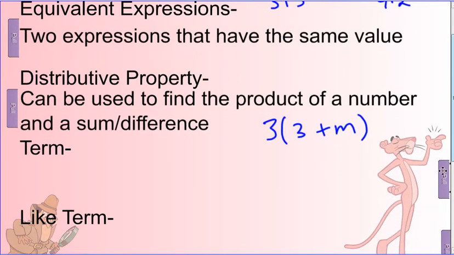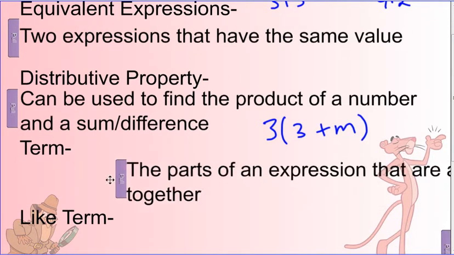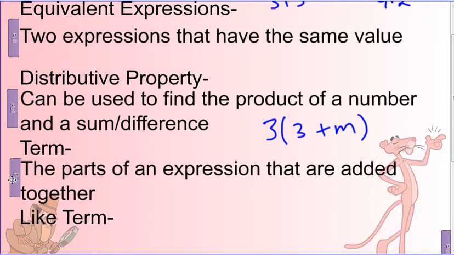Okay, moving along. Term. Terms are the parts of an expression that are added together. So if I had an expression 3m plus 5 minus 2k minus 9, this actually has 4 terms.